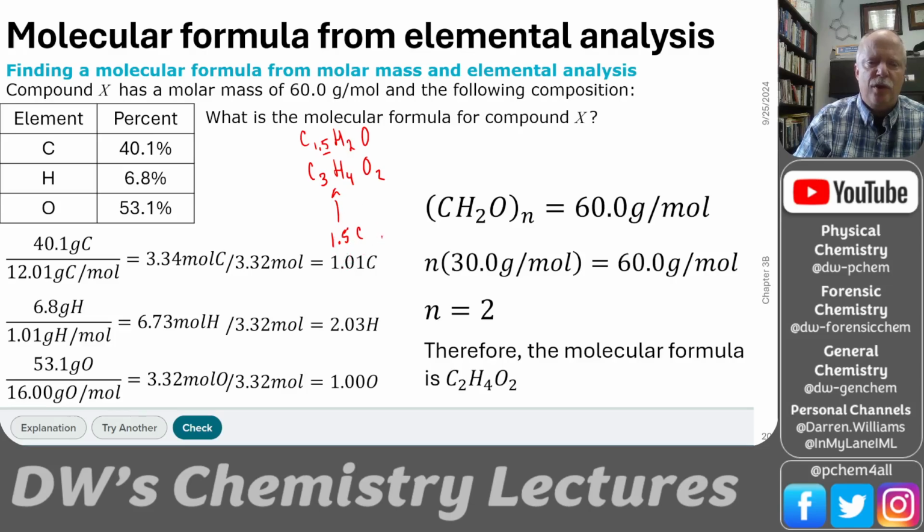What if it was a 1.67? Okay, what is that one? That one is 1 and 2/3. Okay, so 0.67 is a 2/3, or maybe it's 1.33, which would be 1/3. Well, I'm going to get rid of that third by multiplying everything by 3. So if this was C1.67H2O, I'm going to multiply everything by 3.